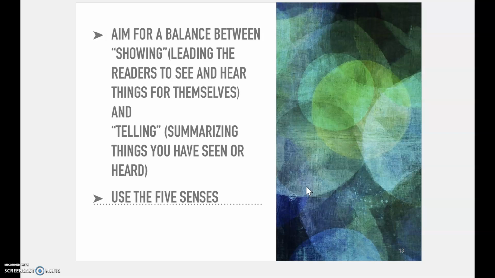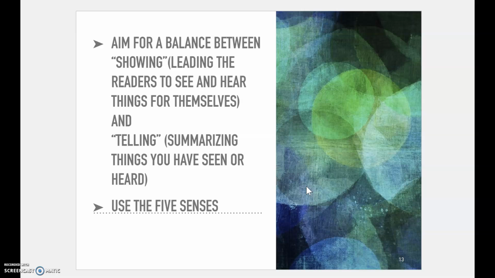That's what you want to aim for, striking a balance by using the 5 senses, those sensory terms. And I think in journal entry number 2, I had you infusing your sensory details into your description. So you want to aim for that.